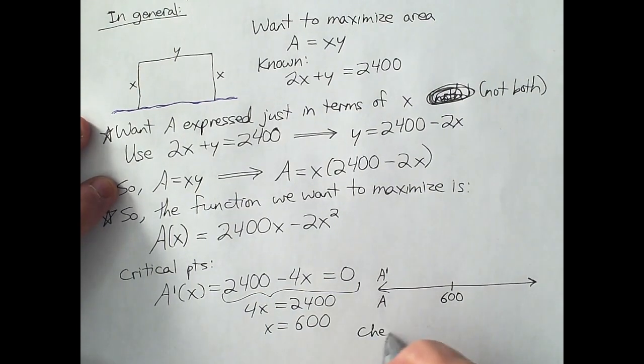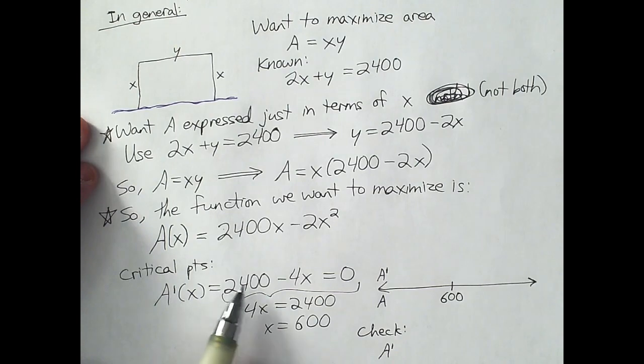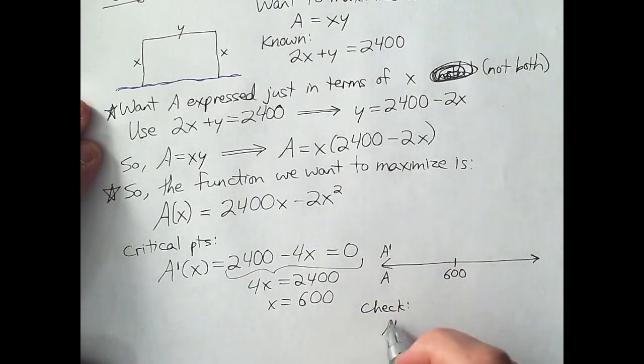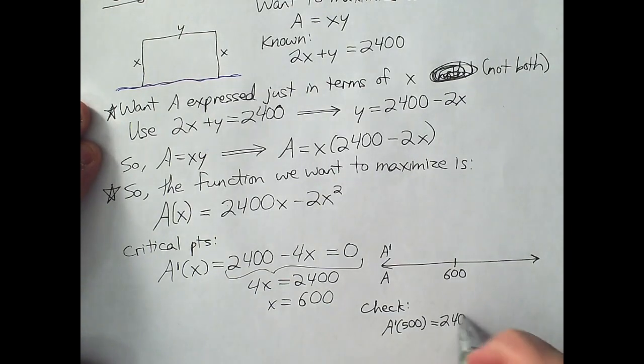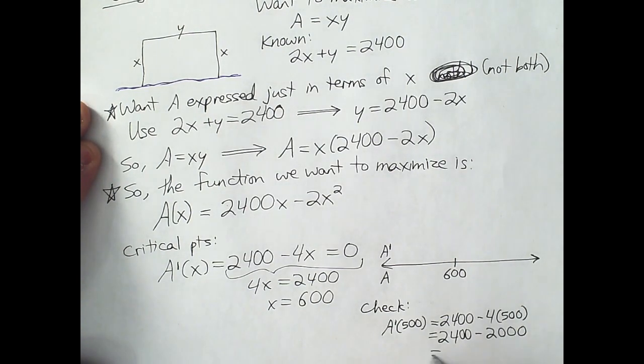So I actually checked A prime. A prime is 2400 minus 4x, so it's a relatively simple function. I put in 500. I could have chosen, maybe 100 would have been easier. But 2400 minus 4 times 500, that's not that bad. It's 400, which is positive.